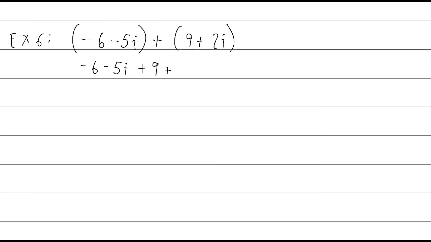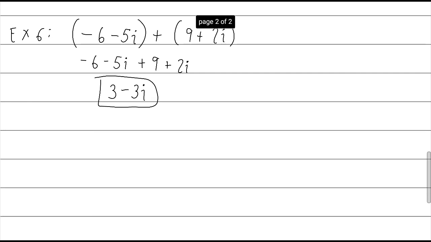It's just understood one's multiplied on the outside, so I can leave them off. And then I combine my like terms. Negative 6 plus 9 is a positive 3. Negative 5i plus 2i is a negative 3i. So you can add complex numbers together, just like you can add real numbers together. You can add them, subtract them, multiply and divide. We'll do all that as we go.